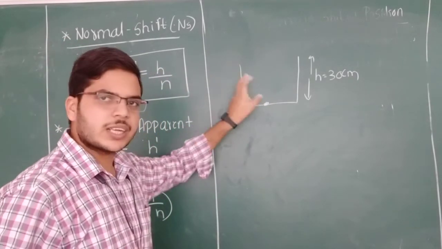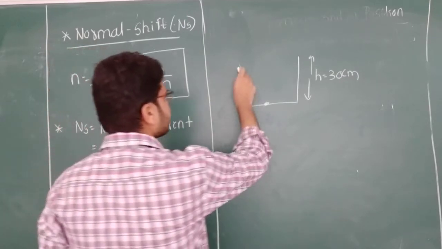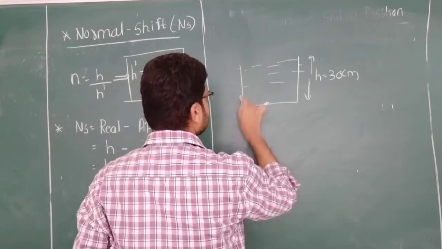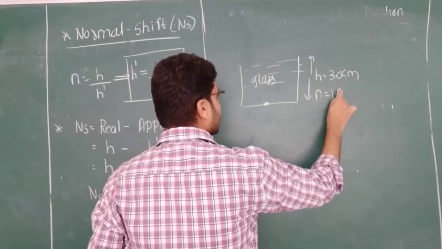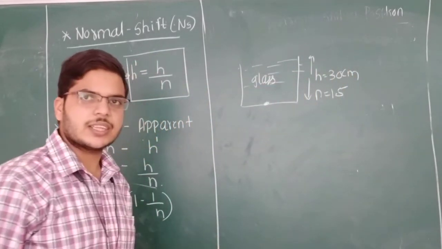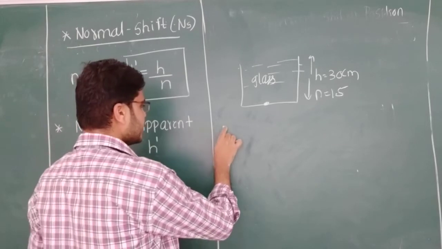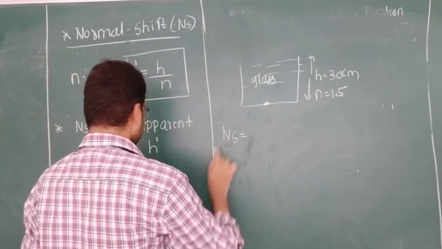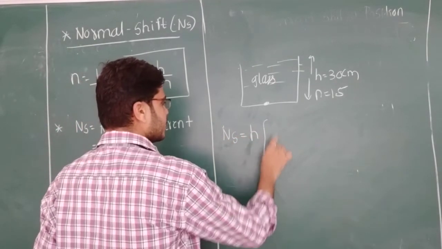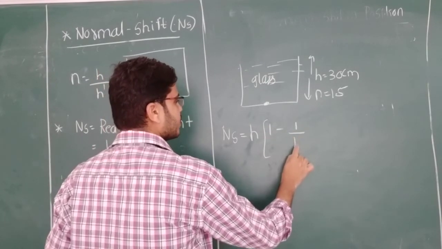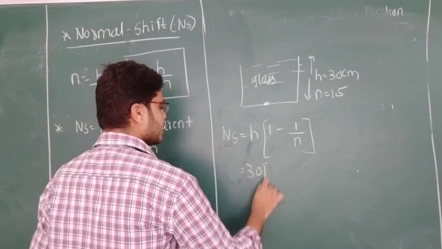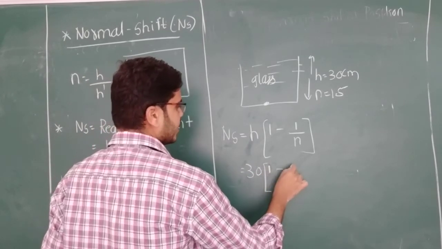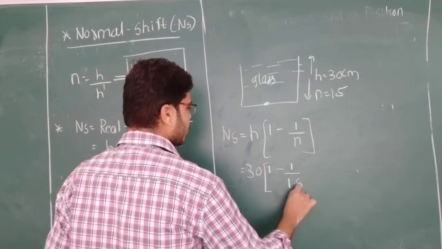Instead of water, you put some glass here. This is glass of refractive index 1.5. Then the normal shift can be calculated as, what is the formula? H into (1 minus 1 by N). That is equal to 30 centimeter into (1 minus 1 divided by 1.5).